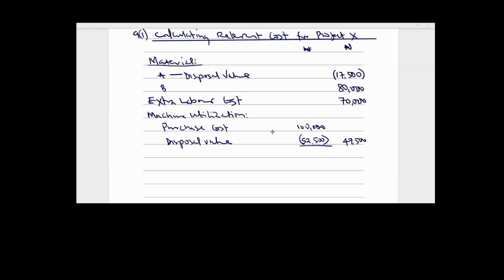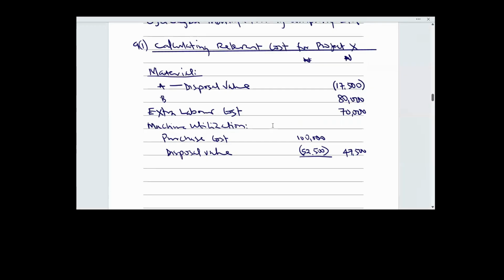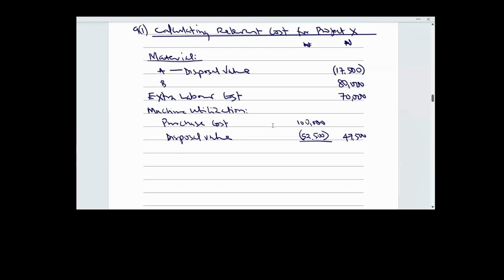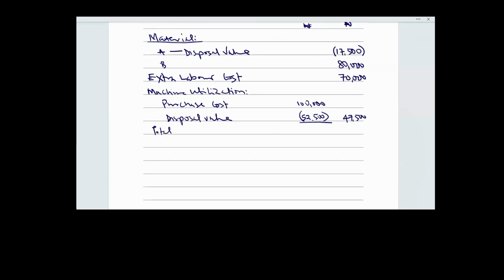So at this stage, we need to determine the total cost. All right, add everything together. What do we have? Give it to me. Total relevant cost. What do you have?